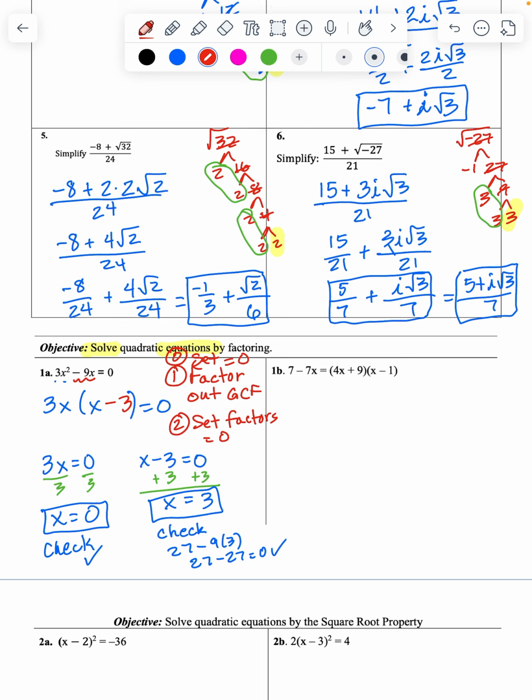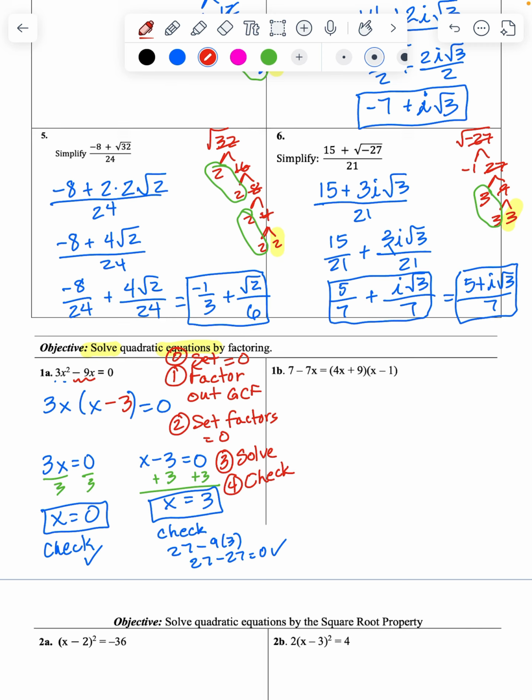Some will be like 1b where it's not already equal to 0. You need to do that first if it's not done for you. We're going to factor out the GCF, or factor as much as we can. If there's not a GCF, set the factors equal to 0, and then solve by getting the x by itself in each of those factor expressions, and then it would be best always to check.